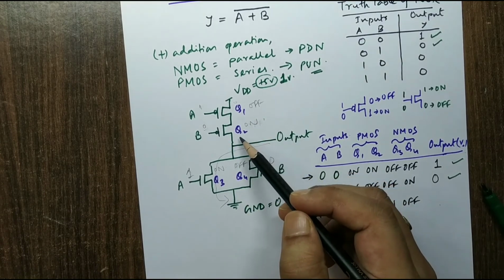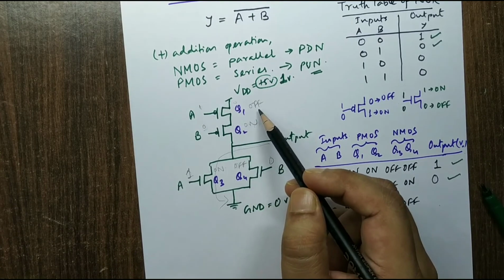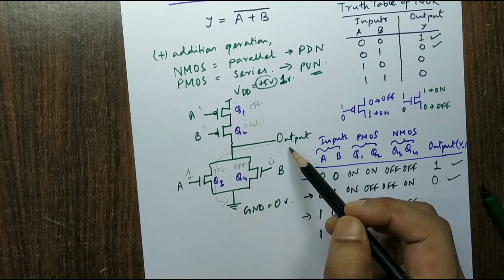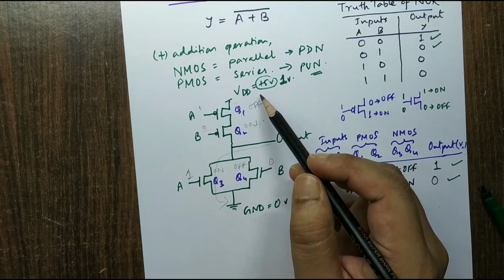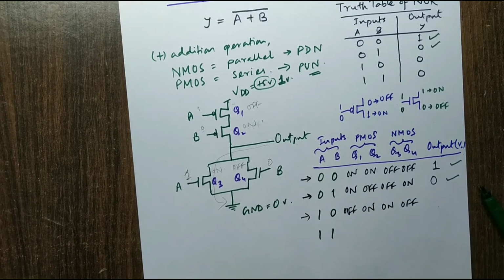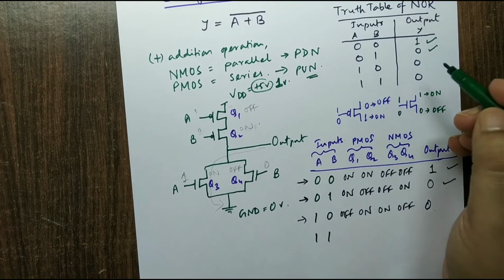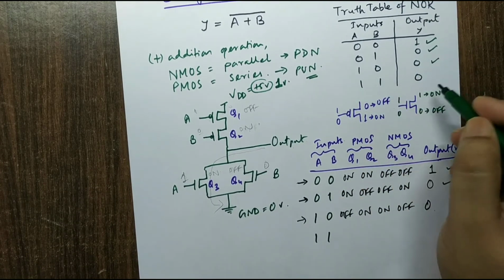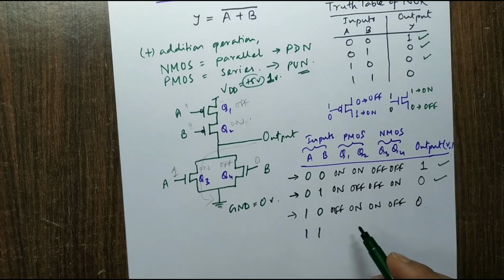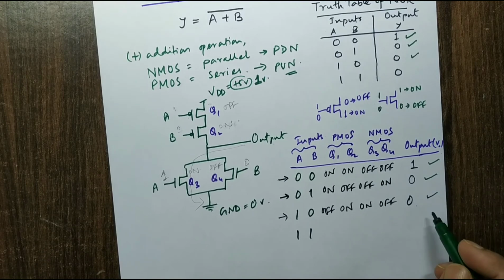Because although my Q2 is on, Q1 is off, so again it is a cutoff situation here, an open circuit, so the output cannot be connected with VDD, so the output will reflect the value of ground, that means 0. So here it is 0. Let me check the combination. For 1 0 in digital electronics, we know that it was 0. So here, using all the NMOS and PMOS combinations, we also get 0.